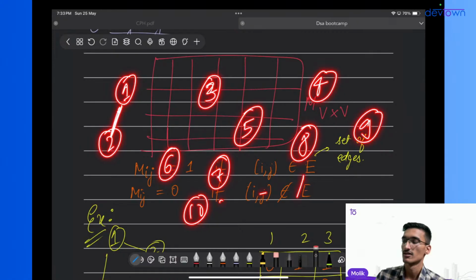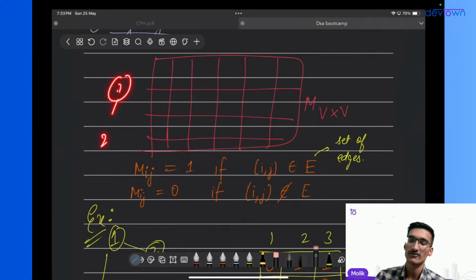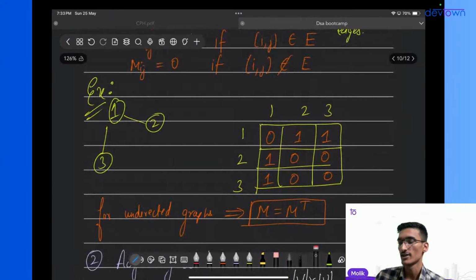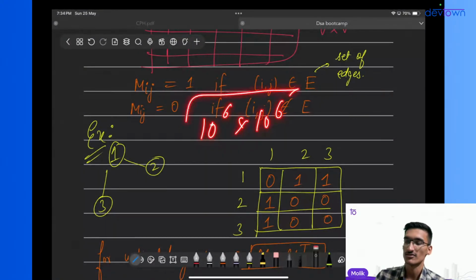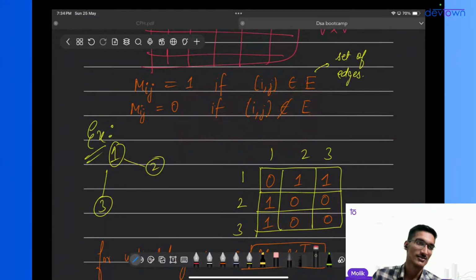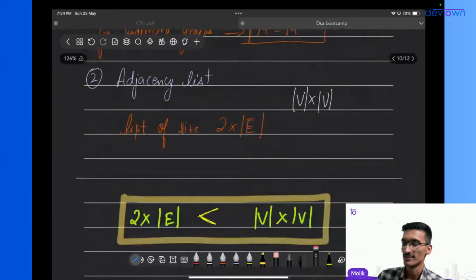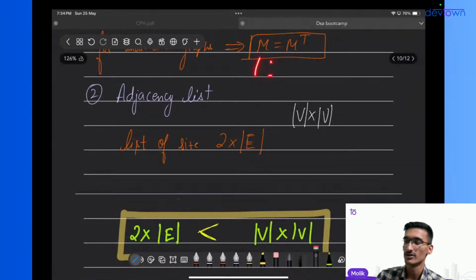I have a million users, and just 1 and 2 of them are friends. Then I will ask you, why are you using 10 raised power 6 cross 10 raised power 6 space? You are just wasting the resource of the company. You can clearly just use this list, and the list will be having 1, 2, 2, 1, other will be empty, right? So it depends on the use case.